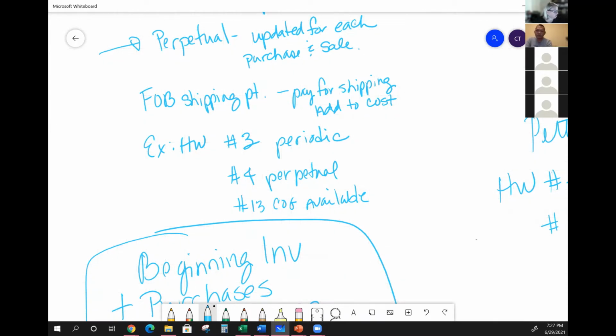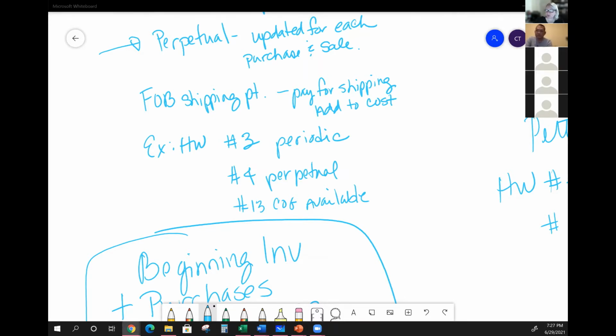So I wanted to look at the homework because let me see if I can get that screen over. I'm going to try to do it this way. I'm going to bring up the homework and look at one on the screen and see if this is helpful when we talk about it.